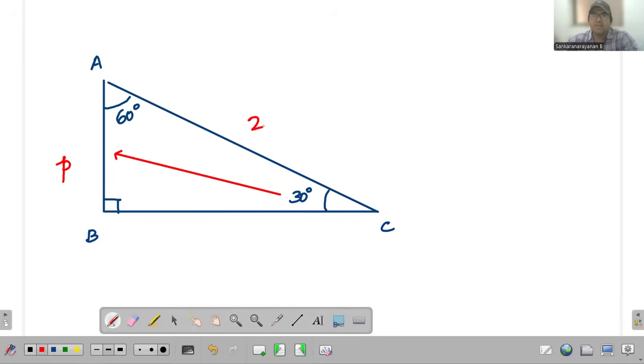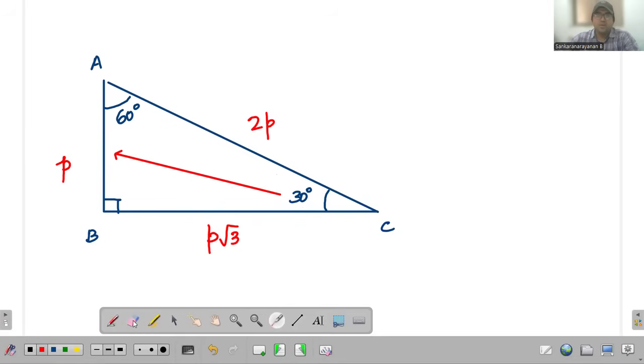Double of that will come opposite to 90. So if this is P, opposite to 90 it has to be 2P. In the same way, whatever comes opposite to 30, that value into root 3 will come opposite to 60.